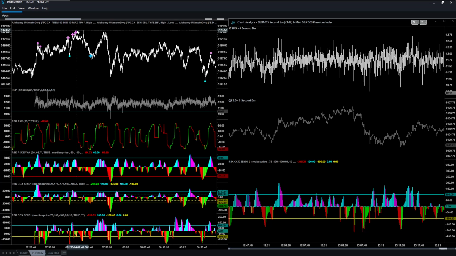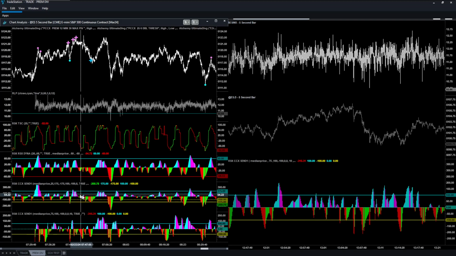So the oscillator is just charting the activity of the ES and is using the divergence of the indicator on the ES to generate the signals. But we feel that there are advantages to using the premium over the ES, and you're going to see the results once the data is plotting in real time.